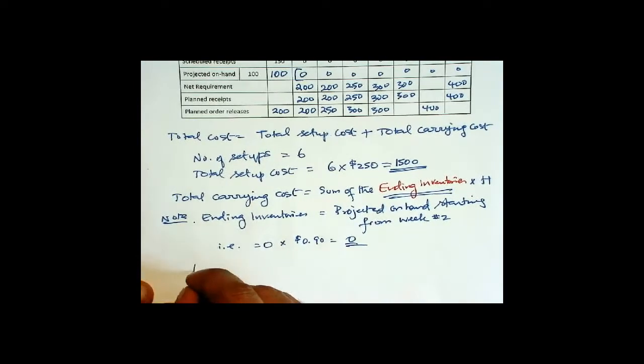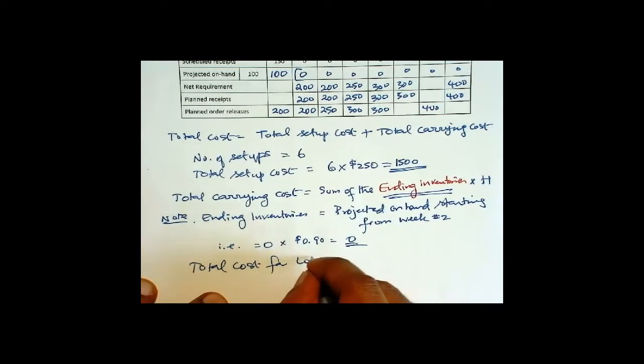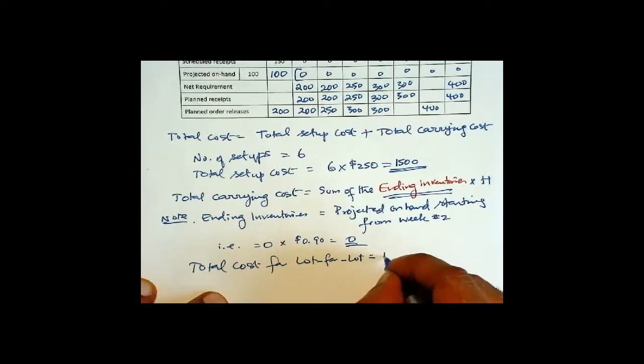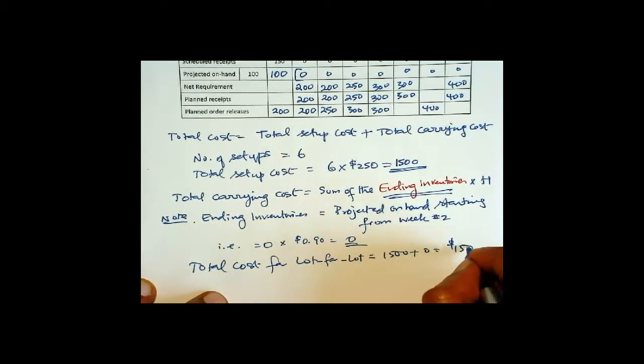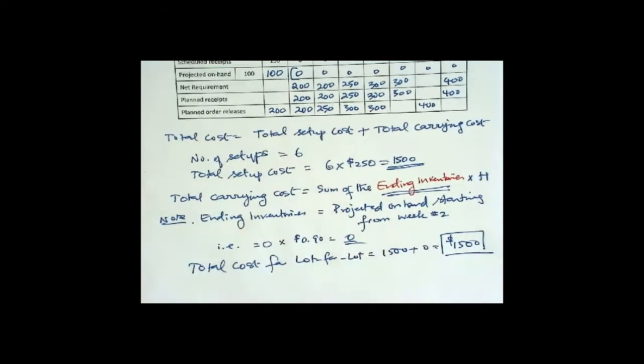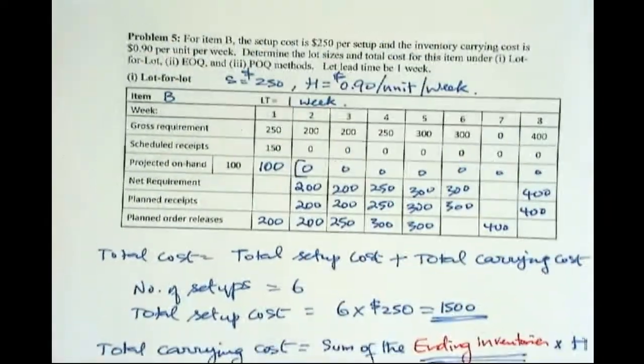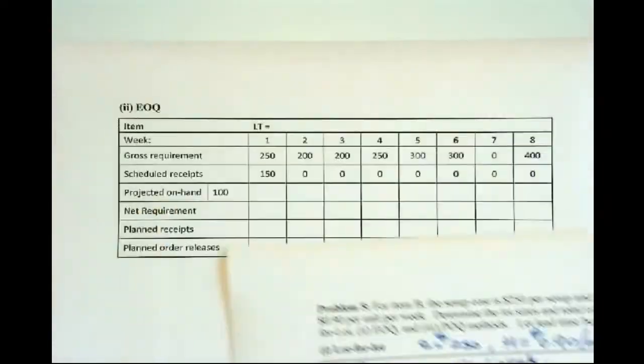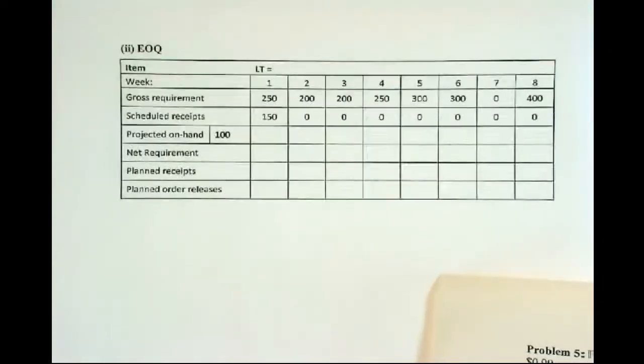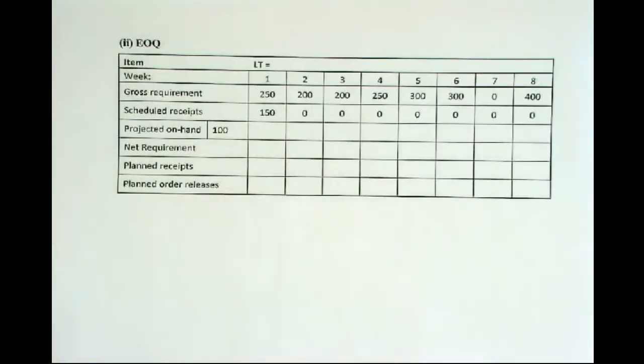So total cost for lot for lot is 1500 plus 0, which is 1500. Now let's look at the next lot sizing problem, EOQ.